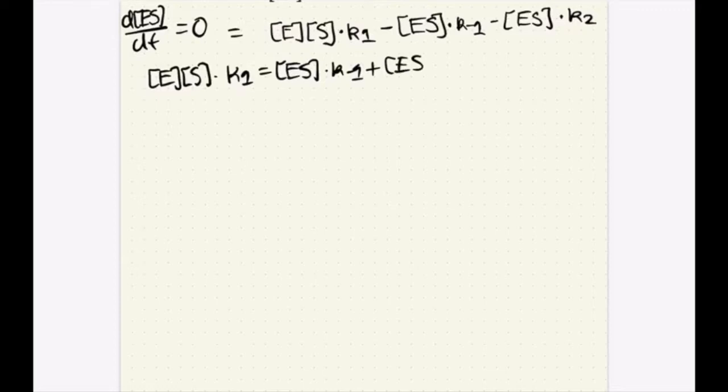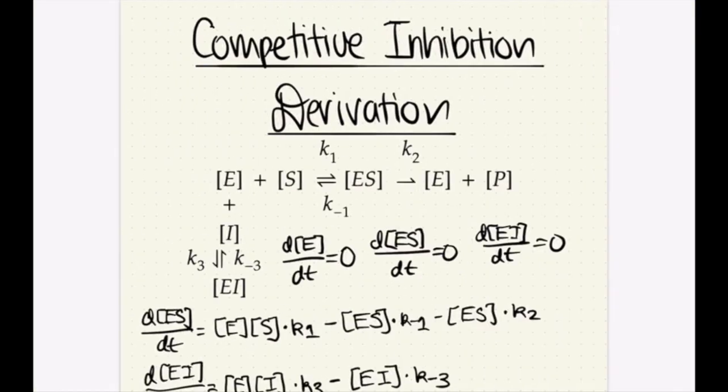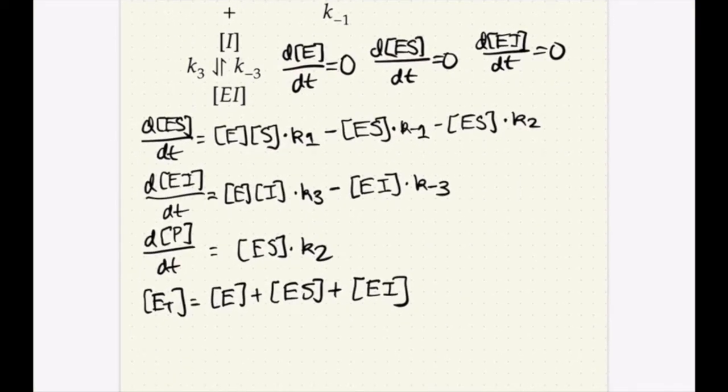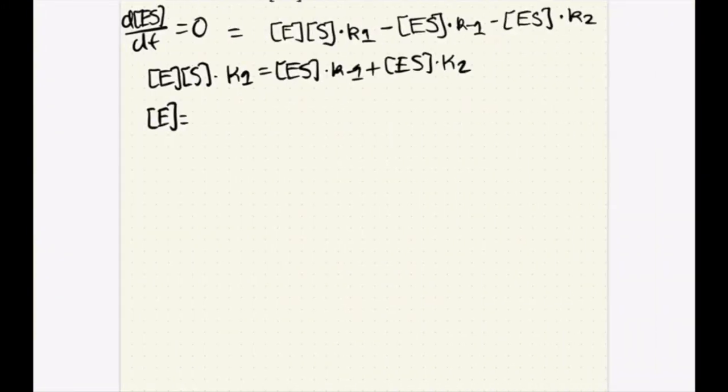And so, as we previously mentioned, we're going to be trying to isolate the enzyme concentration in terms of the enzyme substrate complex, so we can plug it back into this ET, enzyme total concentration equation located right here. So what we're going to be doing is dividing both sides of this equation by the substrate concentration times the K1 rate parameter.